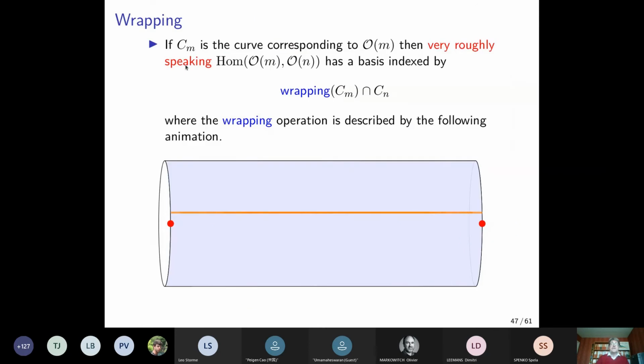Now, extremely roughly speaking, if we want to compute the homomorphisms from O_M to O_N, on the symplectic side, this is given by this expression, where here there's something strange called wrapping, and I'm now going to explain the wrapping by an animation.